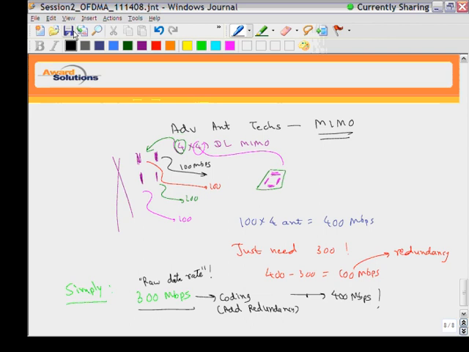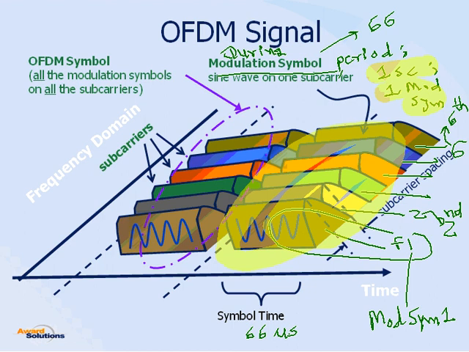So now you know, in simple terms, how to get 300 megabits per second, the highest data rate in LTE. Basically, you have to use the entire 20 megahertz spectrum, and on each of those 1200 subcarriers, you will have 64 QAM modulation symbols being transmitted. Not only that, you will use the same 1200 subcarriers from each of the 4 antennas. So you are reusing the same set of subcarriers from each of the 4 antennas, and that will give us the highest data rate.